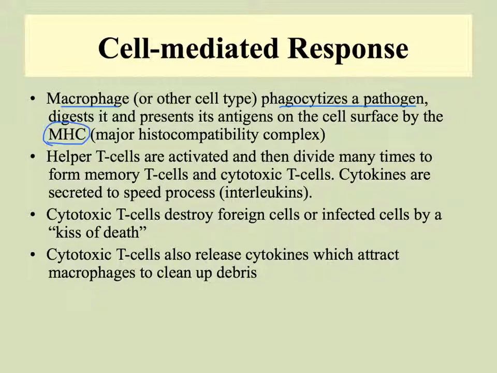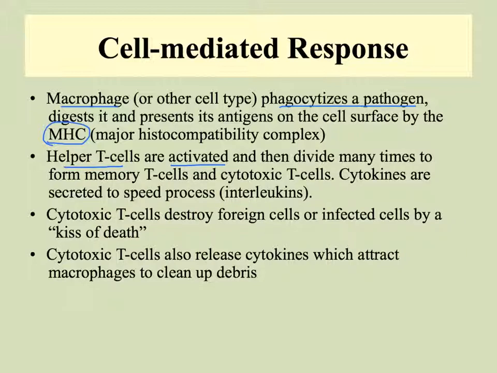And so this antigen is put out there, held near the MHC. And a helper T cell, a specific type of T cell, when it bumps into one of these macrophages that is presenting a foreign antigen on its surface by the MHC, is activated and turned on so that it can be involved in this immune response.